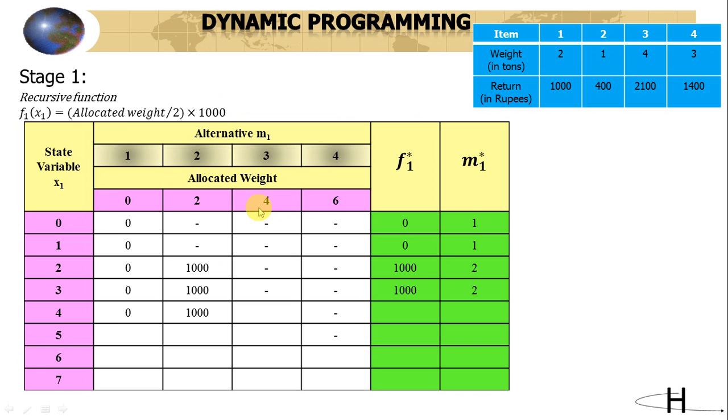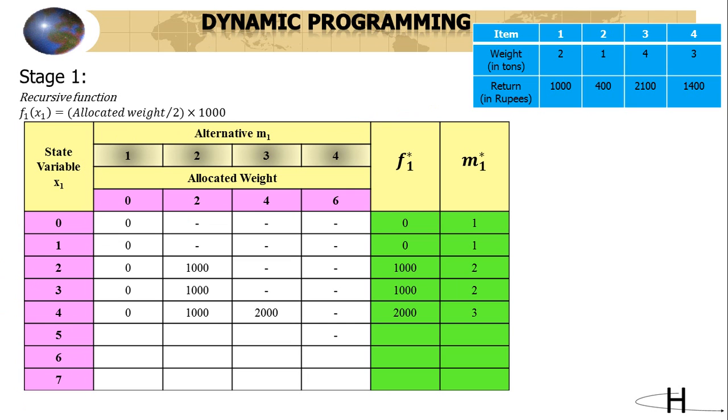When we allocate 4 ton weight, the recursive function value will be 4 divided by 2, that is 2, multiplied by 1000, so it will be 2000. We cannot allocate weight 6 because it will exceed the limit. So amongst 0, 1000 and 2000, the best is 2000 with respect to alternative 3.